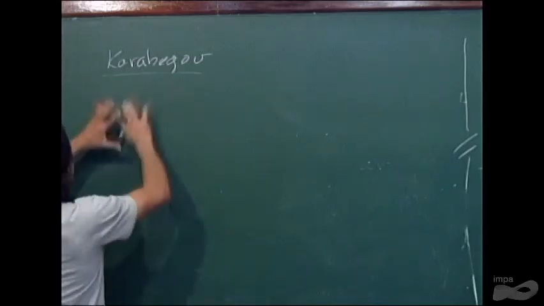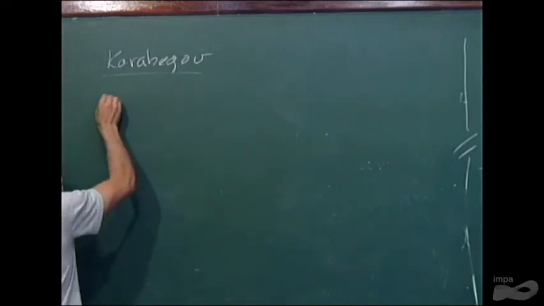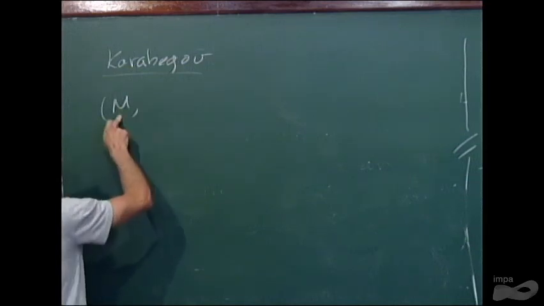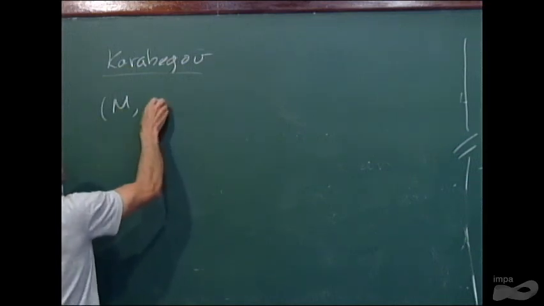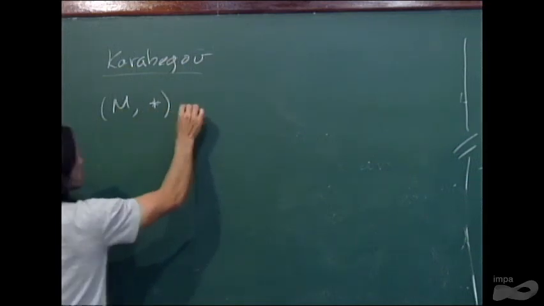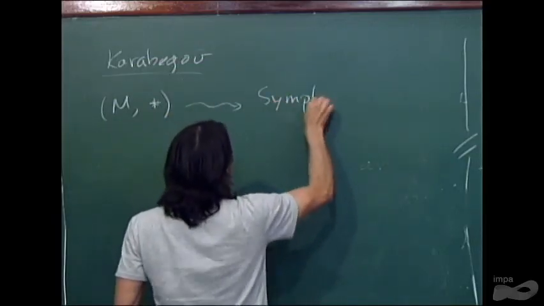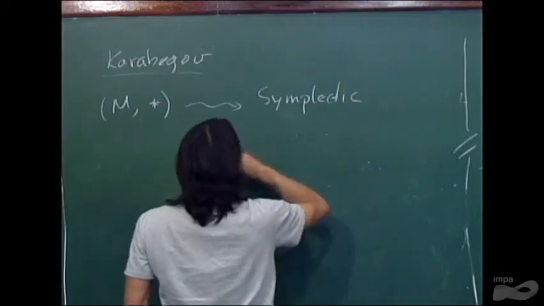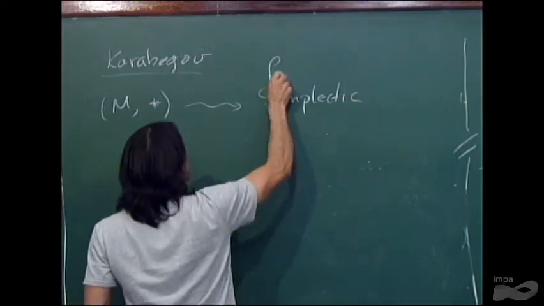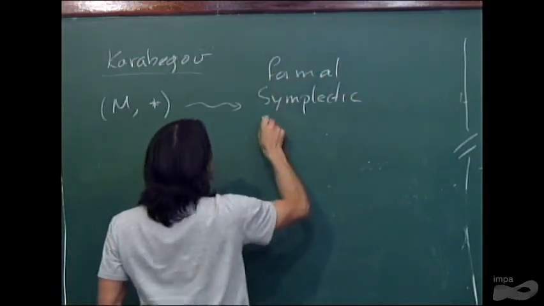And the outcome of this work is that if you take M, a manifold, and a star product, then he constructs what he calls a formal symplectic groupoid.